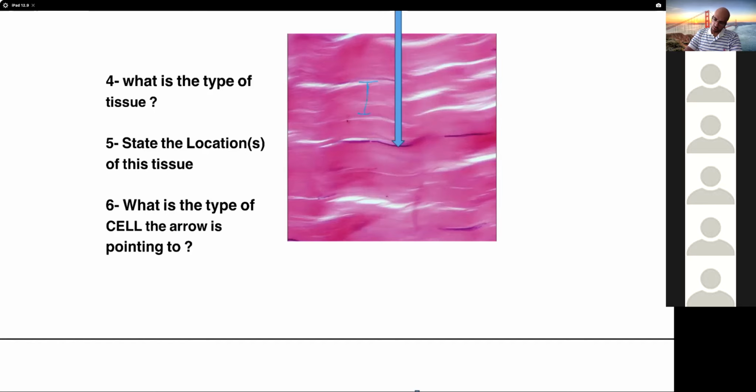And can you remind me the location of the dense regular connective tissue? Remember, I can pull in one direction, right? One direction, it's going to be tendons and ligaments.